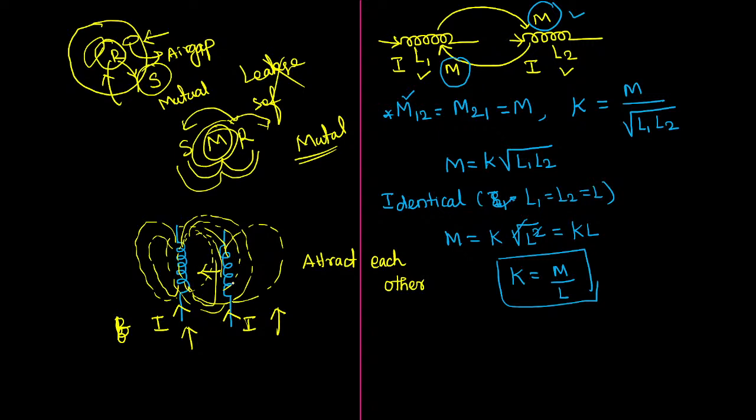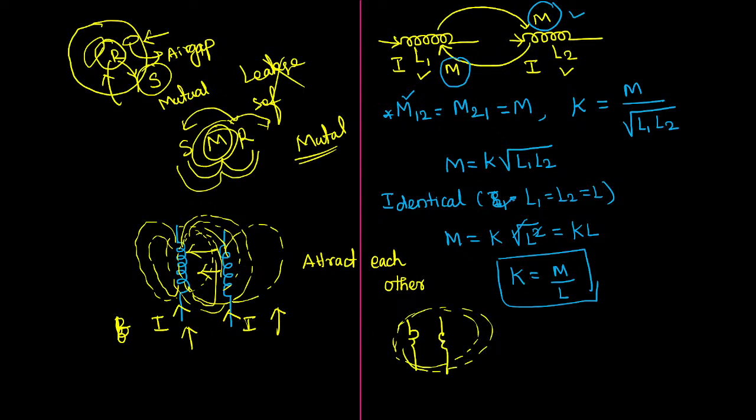Similarly, if you pass the current through the secondary coil, it will try to attract the flux produced by the first coil. So the flux lines get attracted, not the coils. The physical appearance will not be affected, but the magnetic flux lines will be attracted to each other. In the resultant, a single line will be formed there. They will start circulating like this, north pole to south pole.